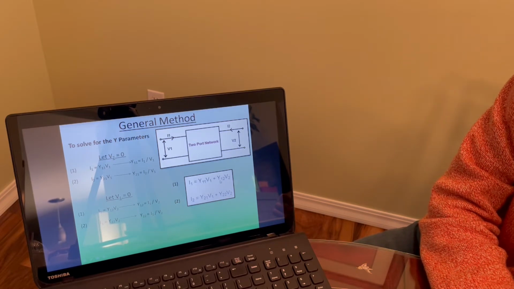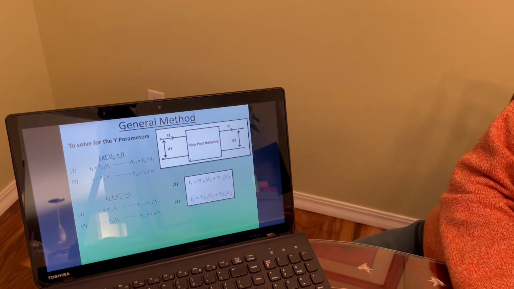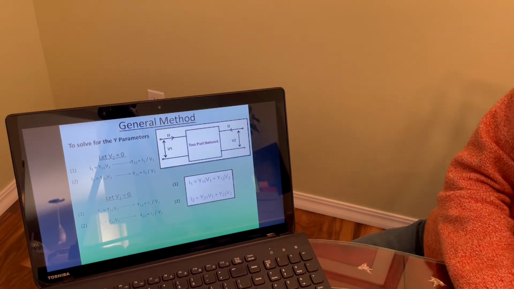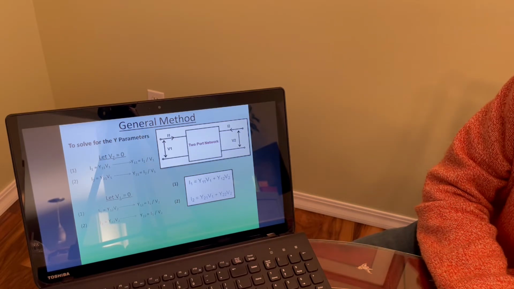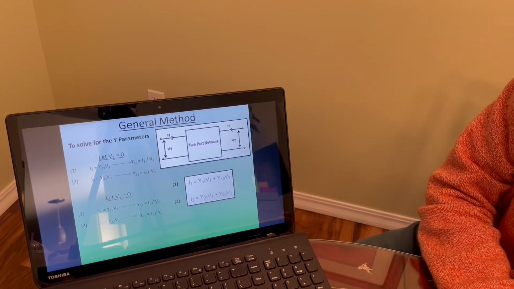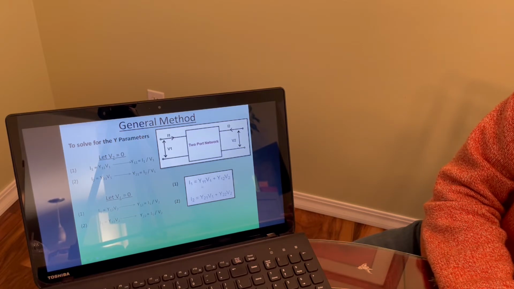Then we can solve for the individual parameters of Y11 and Y21. Subsequently, letting port 1, V1 equals 0, by short-circuiting that port will make these terms go to 0, ultimately solving for Y12 and Y22.